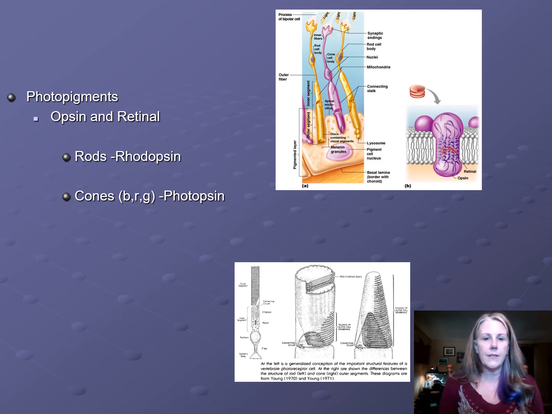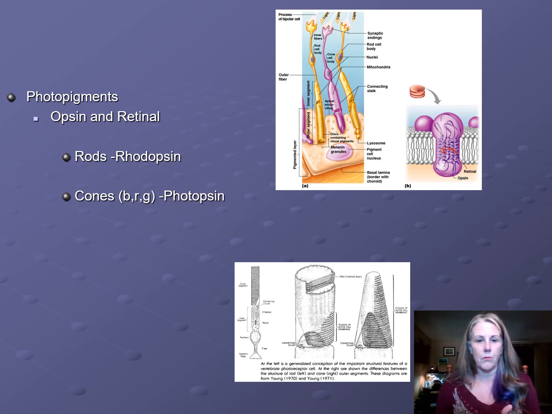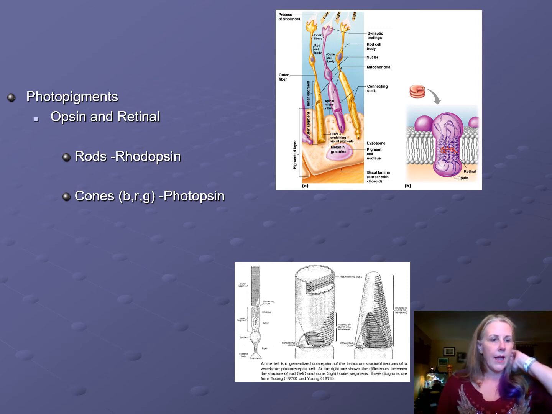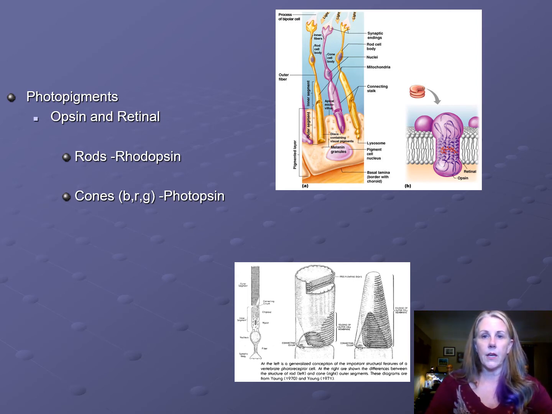So rods have their photopigment known as rhodopsin. That's kind of easy to remember. Rods, rhodopsin. And remember what I said in the other lecture is that rods are activated in dim light. They are highly sensitive to light. So you just need a tiny bit of light in order to activate our rods.